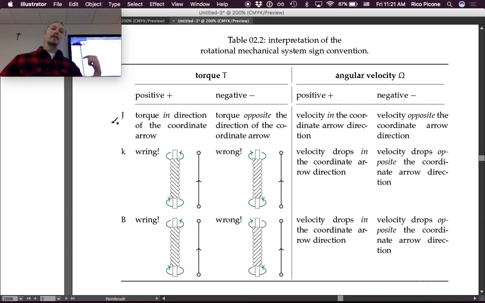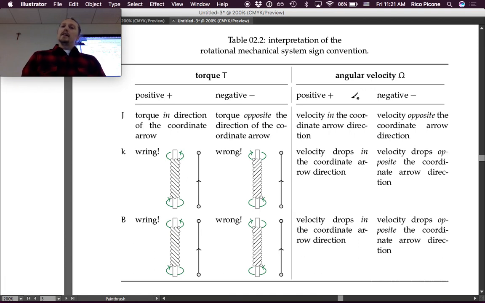If we have a positive torque on a moment of inertia element, J, then we interpret that to mean that the torque is in the direction of the coordinate arrow, which is to say if we have our right thumb pointed in the direction of the coordinate arrow, the torque is being applied in that direction. If we have negative torque on a moment of inertia element, it means the torque is in the opposite direction of the coordinate arrow. So if our coordinate arrow is pointed this way, then this is the actual direction.